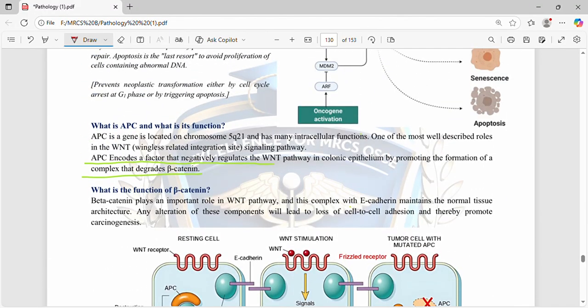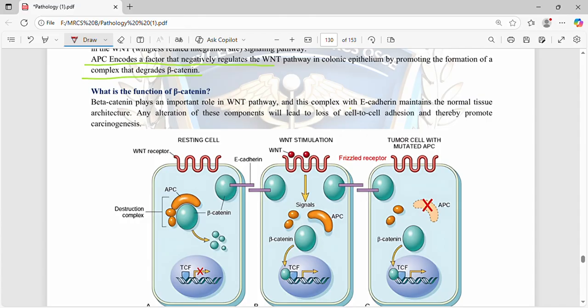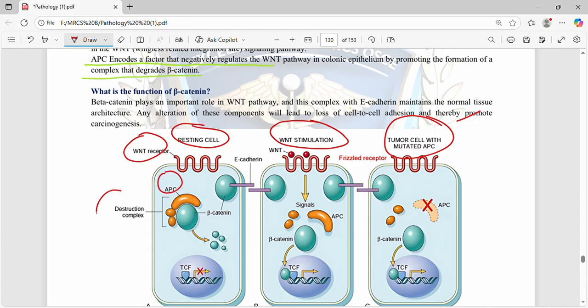Okay, so we are going to discuss it here. Let's suppose we have the resting cell, we have the WNT stimulation, and we have the tumor cell, the mutated cell. Normally, the WNT receptor and APC with some other factors form a destruction complex, and this is the beta-catenin.